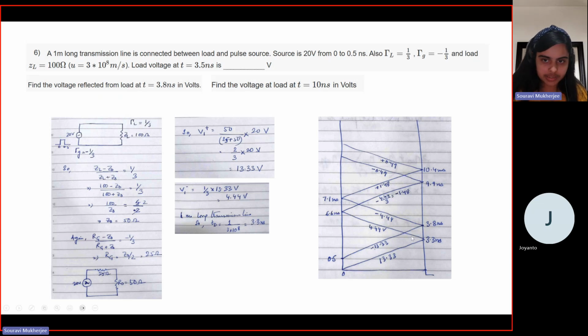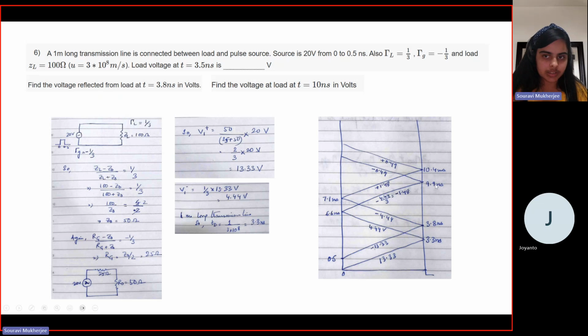So when you have this signal coming in, 4.44 volt at this point of time, when it gets reflected, it will be minus 4.44 by 3. Okay, so that is minus 1.48. Similarly, this signal, which is minus 4.44 here, when it gets reflected, will be plus 1.48.